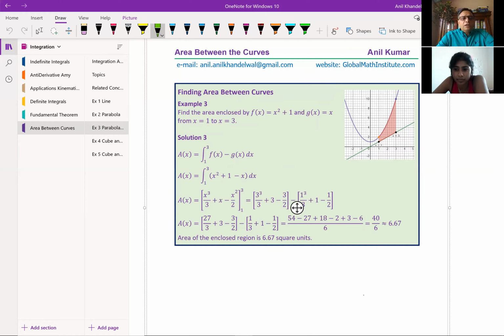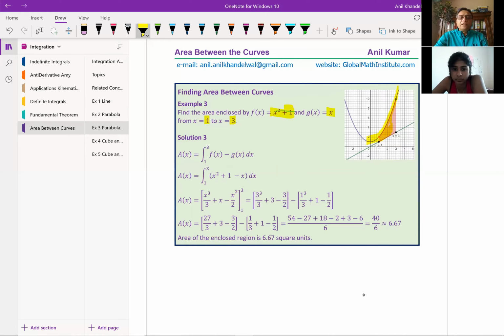Yeah. So in example 3, the question is, find area enclosed by the function, which is x squared plus 1. This is a parabola, which is shown in this blue, and the line g of x equals x. So between these two, I've shaded the area for which we are interested in. We are given the closed boundary condition, x equals 1 to 3.